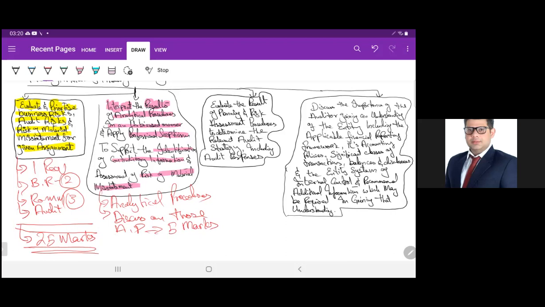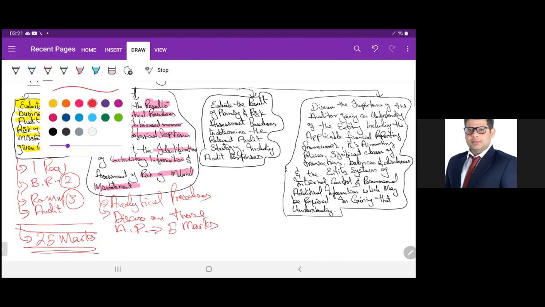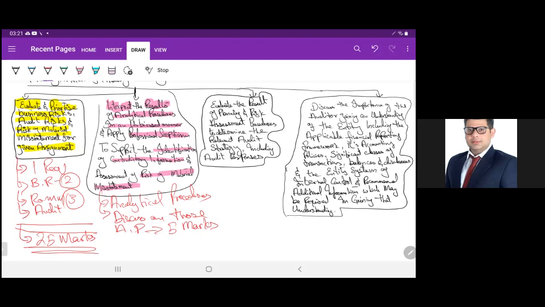You will discuss on those analytical procedures, that what are the issues in it and all that. And remember that you have to interpret those analytical procedures in an unbiased manner, and you have to apply professional skepticism on it.